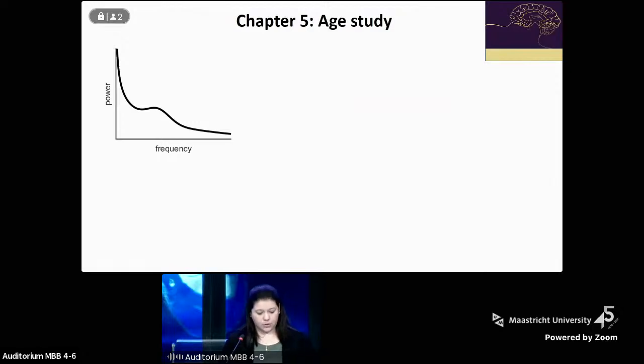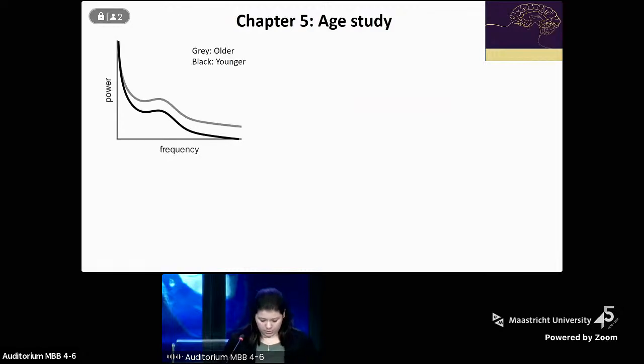As I said before, current research has shown that there is a decrease or a steepening of this 1/f slope. The 1/f slope is a very complex mathematical operation. It basically tells us also the power of the signal.